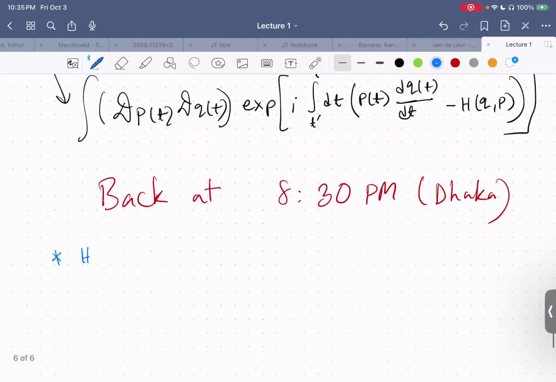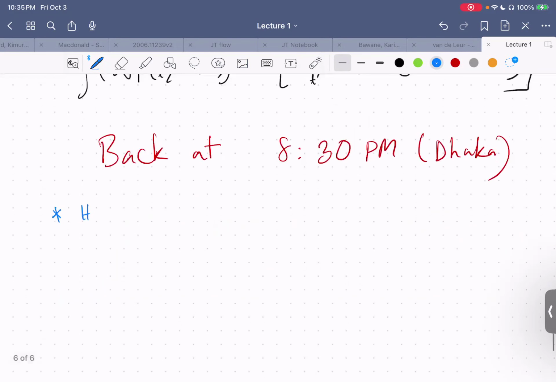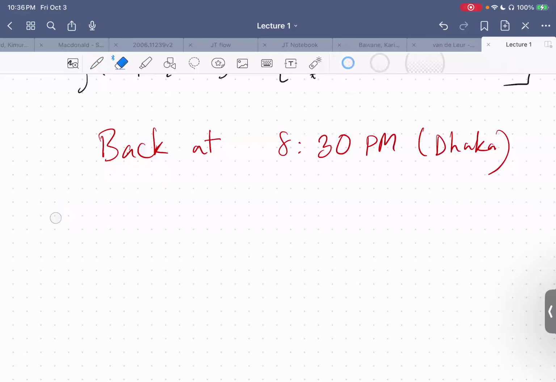Let me think of it. Yeah, okay, so for now, let me assume some simplifying assumptions. They're not all necessary, but they will make life easier for now.